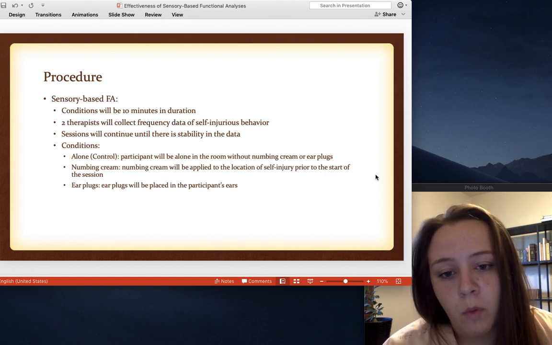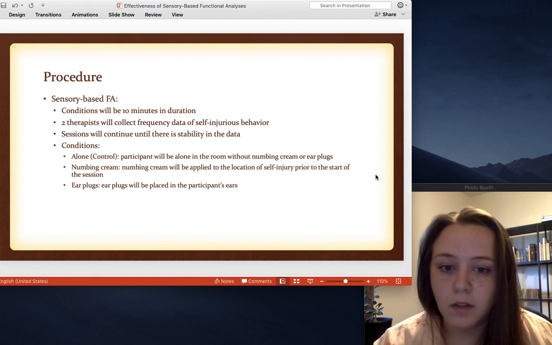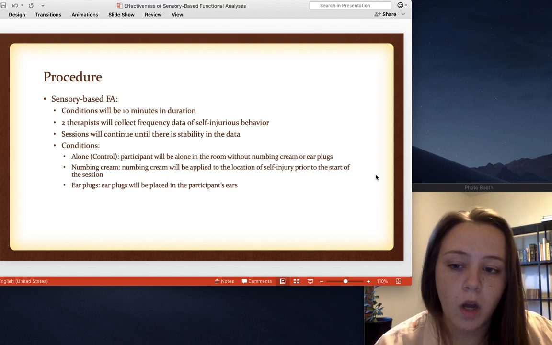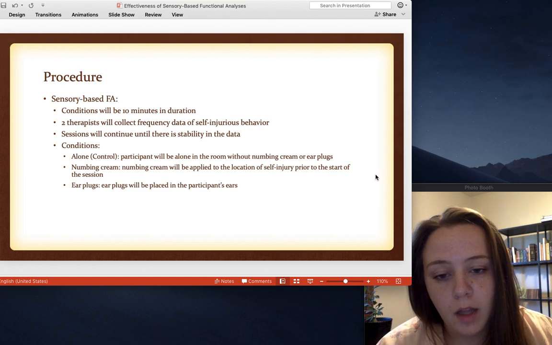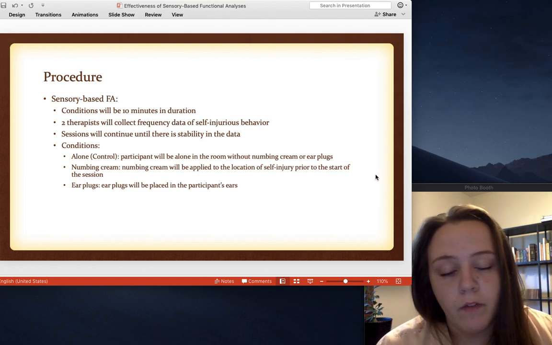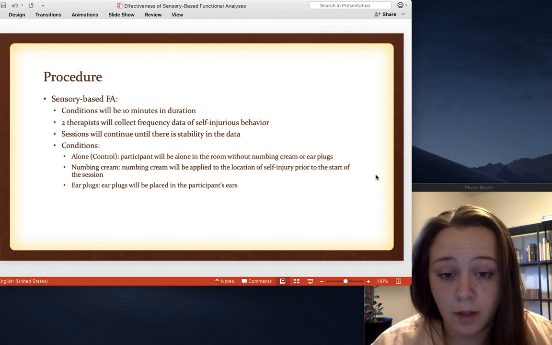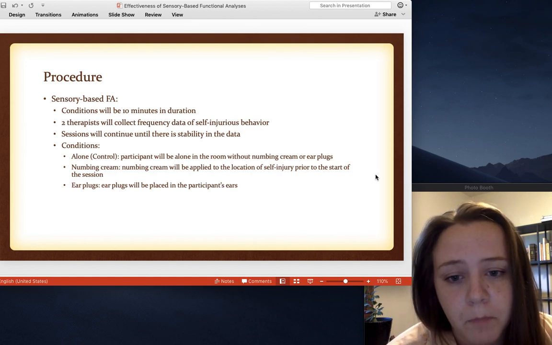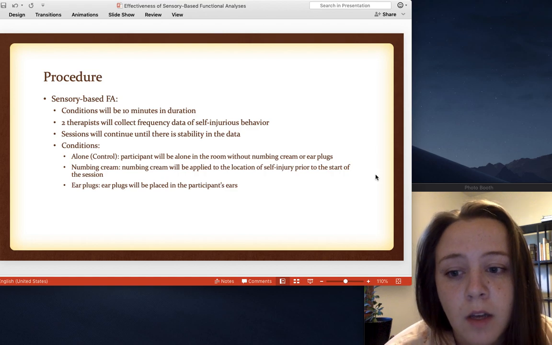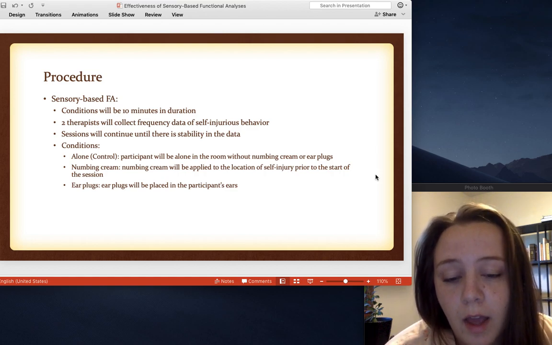It is important that we'll be mindful of a possible extinction burst if it was. So if the numbing cream blocked the pressure, which ended up being the function or the modality of the reinforcement, that pressure to the head, we would see it.